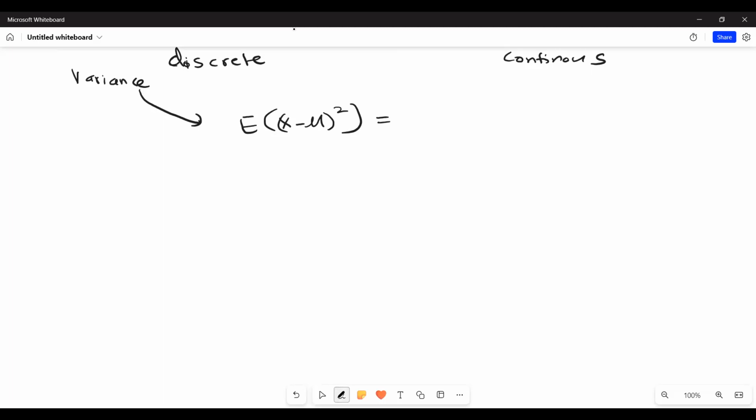As I mentioned earlier, the variance is used to define the width of the probability function. So if I have the probability function like this, the variance is defining the width of the curve that we are considering.